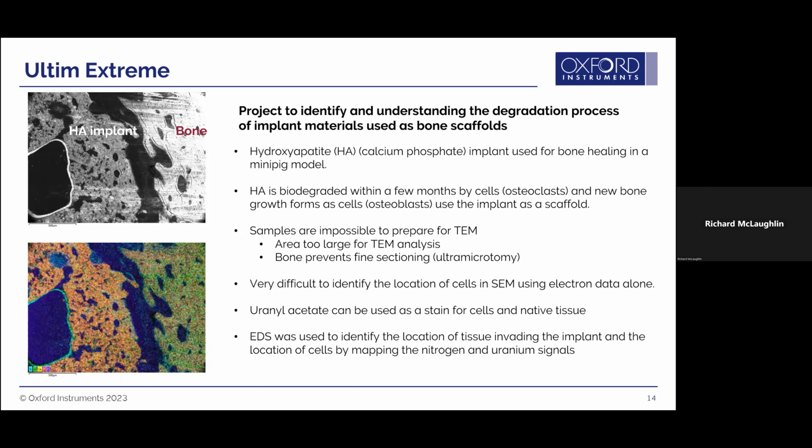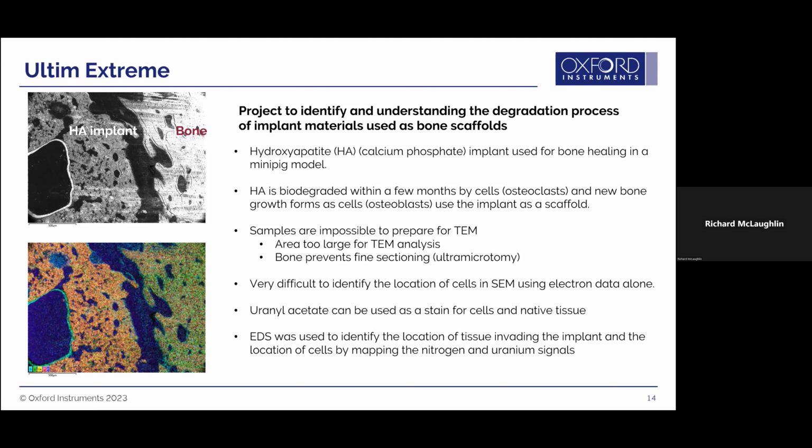Here's another example of where extreme would be useful. This is a biological type of sample. This was done, I can't remember what the university was, but it was looking at hydroxyapatite implants to determine bone healing and how those implants actually help in reconstructing the bone.